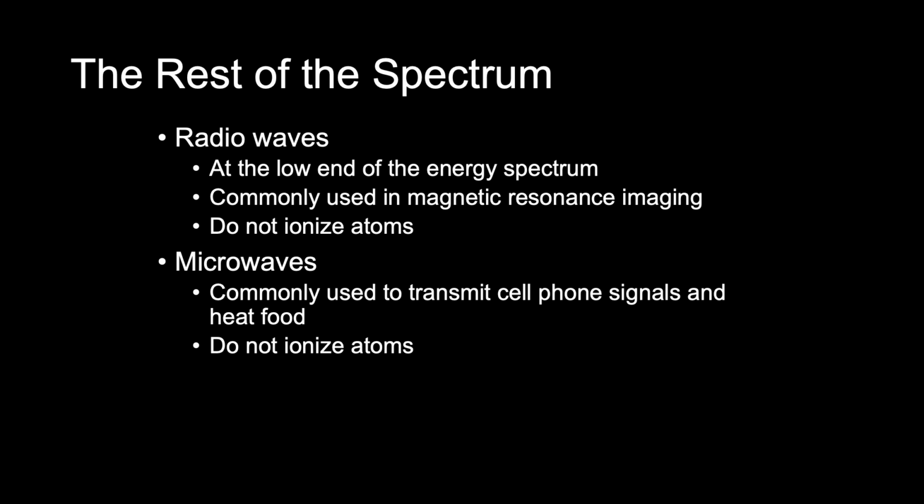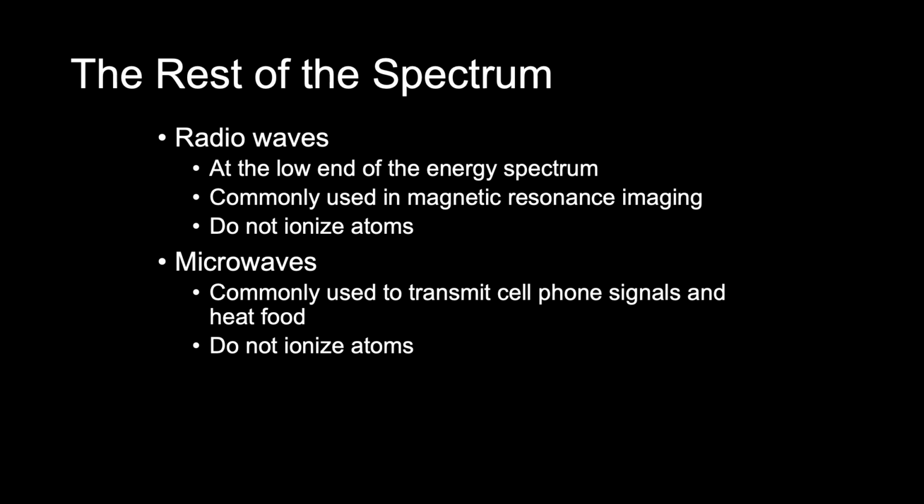Through processing of these emitted radio waves, images are constructed. Because human tissue contains large amounts of hydrogen, usually in the molecules of water and fat, a substantial signal is observed. It is important to note that radio waves do not ionize atoms, and so this makes MRI non-ionizing.